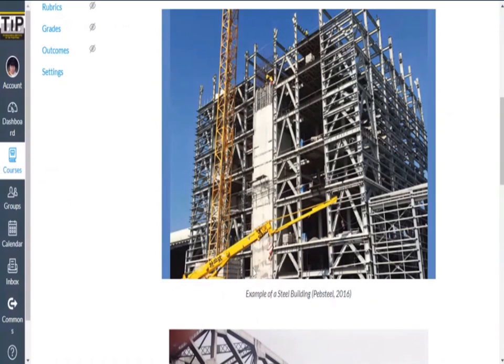That's an example of a steel building. So these are the beams, the girders, columns, the bracings.